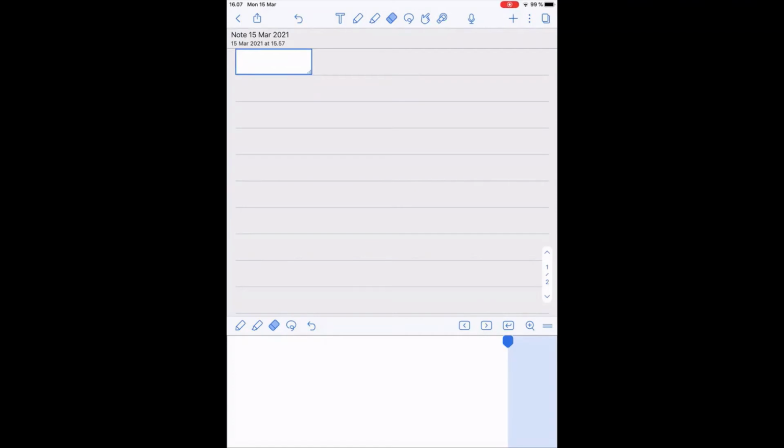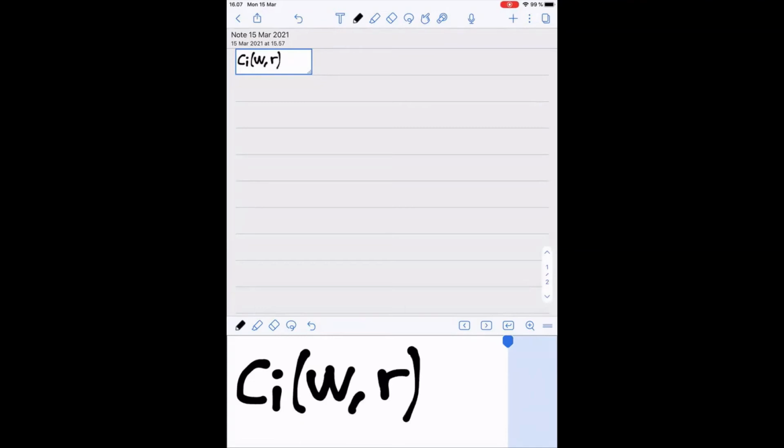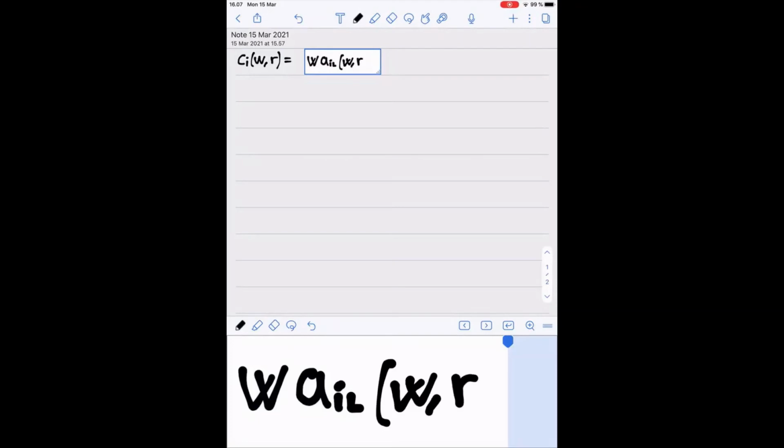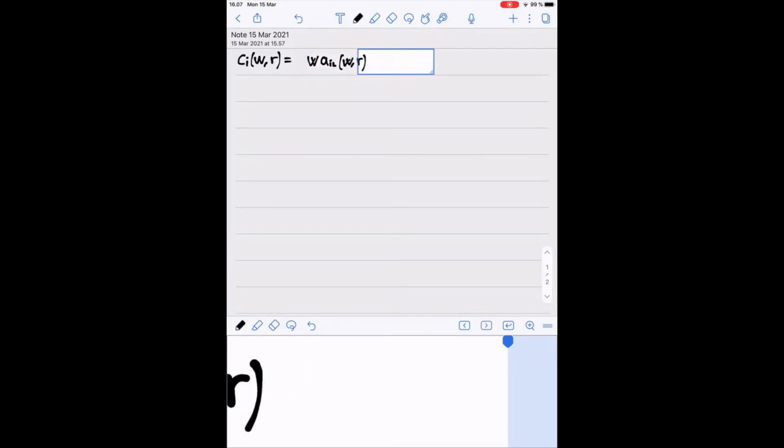Let us rewrite the unit cost function here. C_i is equal to the wage times the unit labor requirement, which of course are a function of wages and rental, plus the rental on capital times the unit capital requirement.